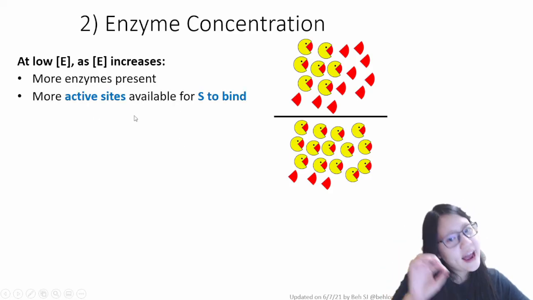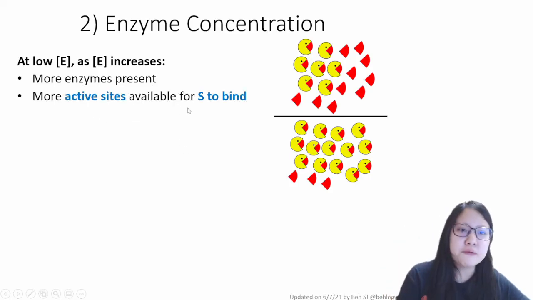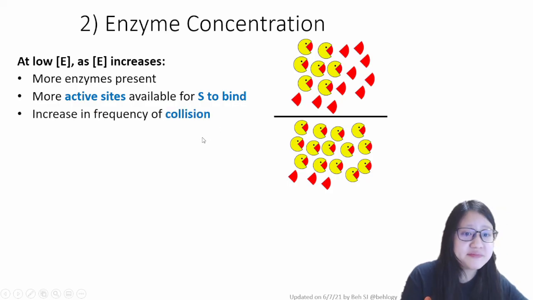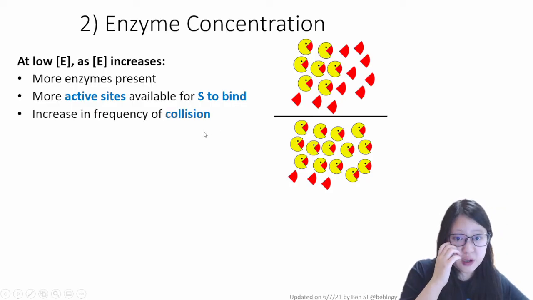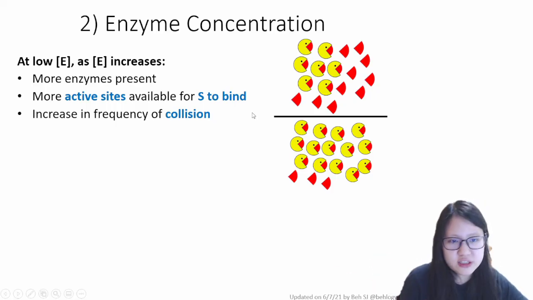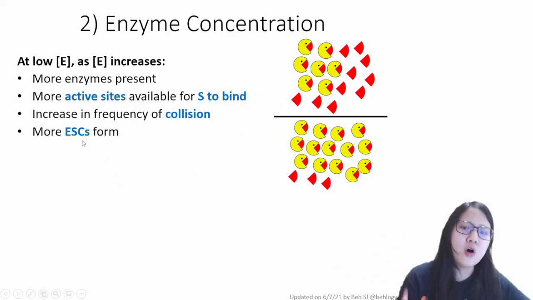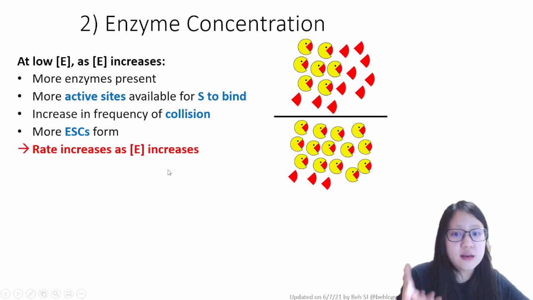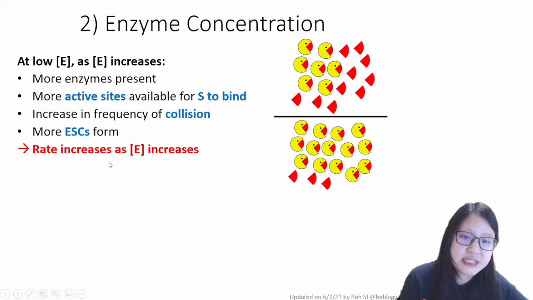Therefore, more active sites are available for substrate to bind. And because of the increase in concentration, there's increased frequency of collision. So obviously, more enzyme substrate complexes can form, and therefore, rate increases as enzyme concentration increases.